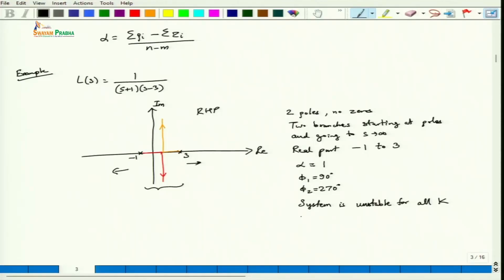But we can change the path of the root loci by considering an alternate structure for our controller.